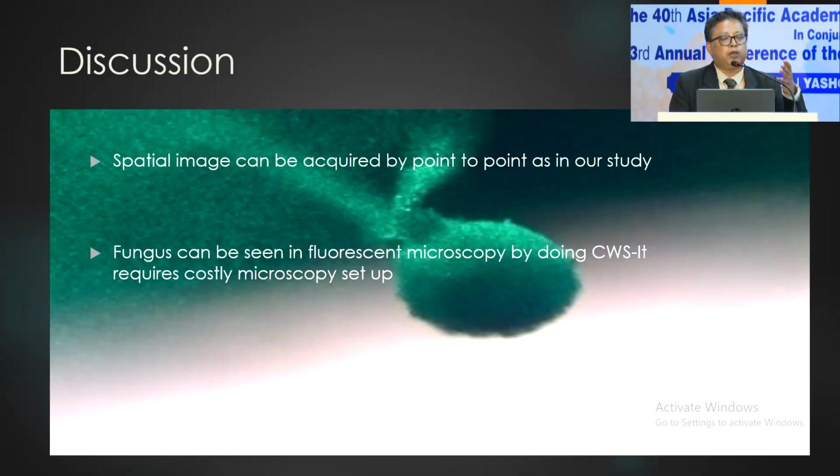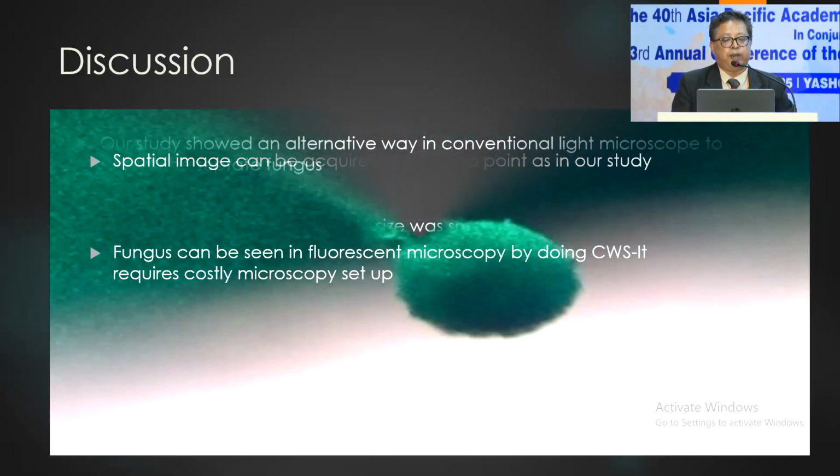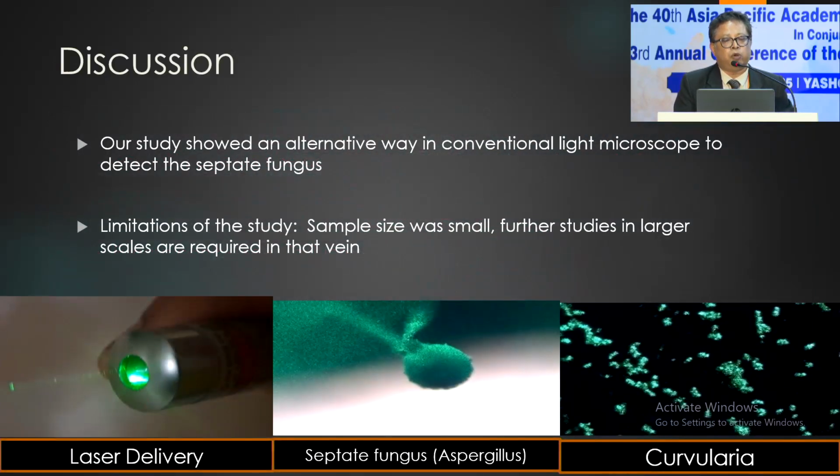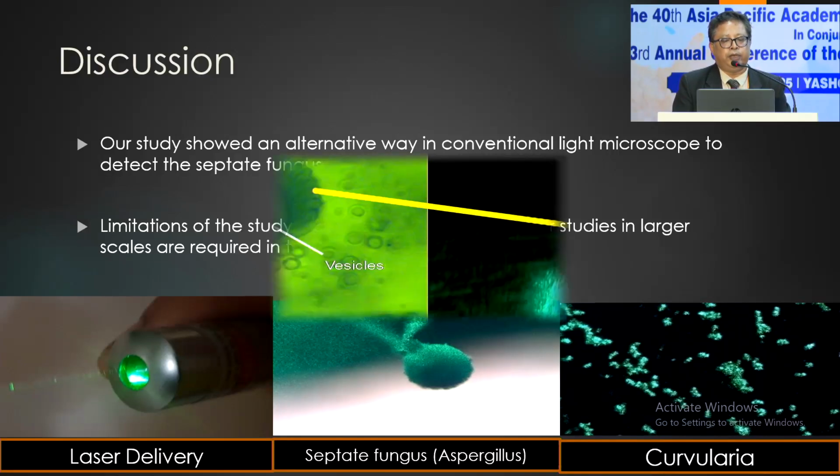But you require a fluorescent microscope, and I have done this in a compound microscope. Our study showed an alternative way to conventional light microscopy to detect the septate fungus. Limitation of the study was that the sample size was small, and further larger scale studies are required.